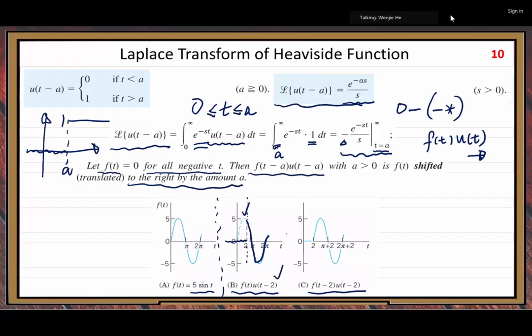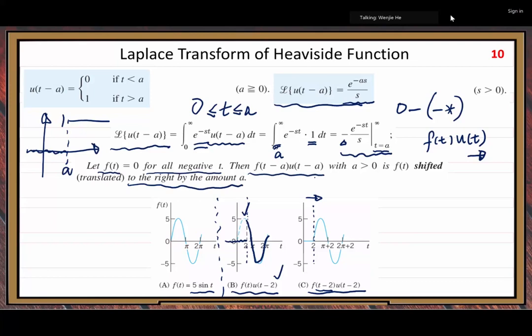Another way, this time you also shift f, giving f of t minus 2. Then you can see the whole shape of f shifted 2 units to the right. This is just to let you get used to the shifting operation.